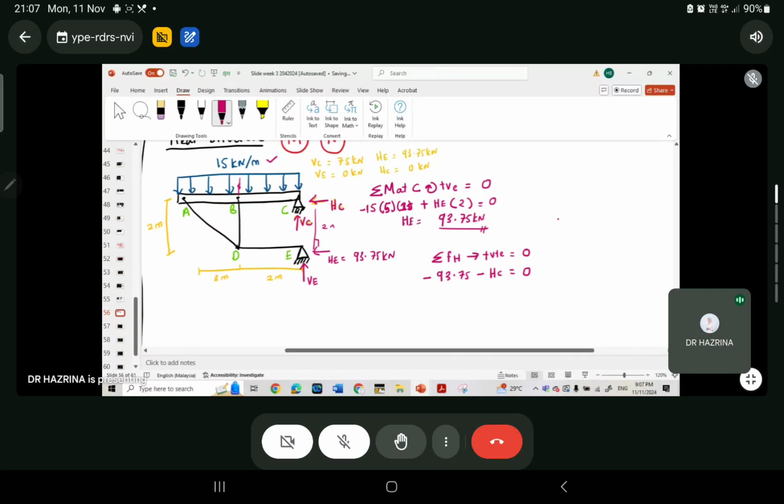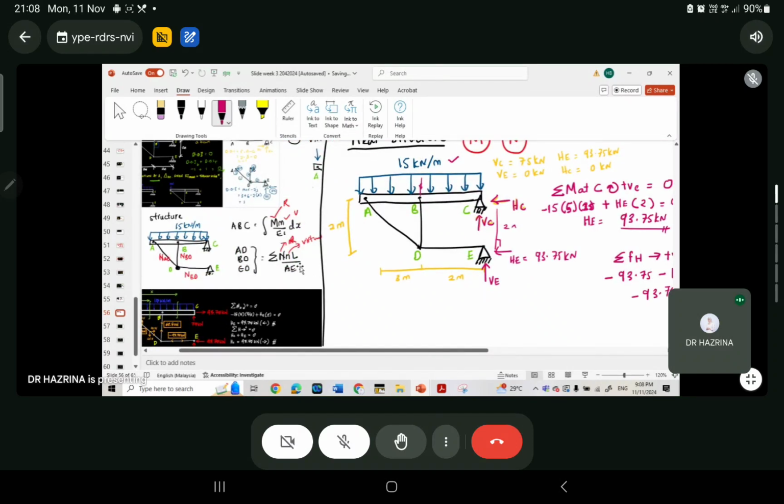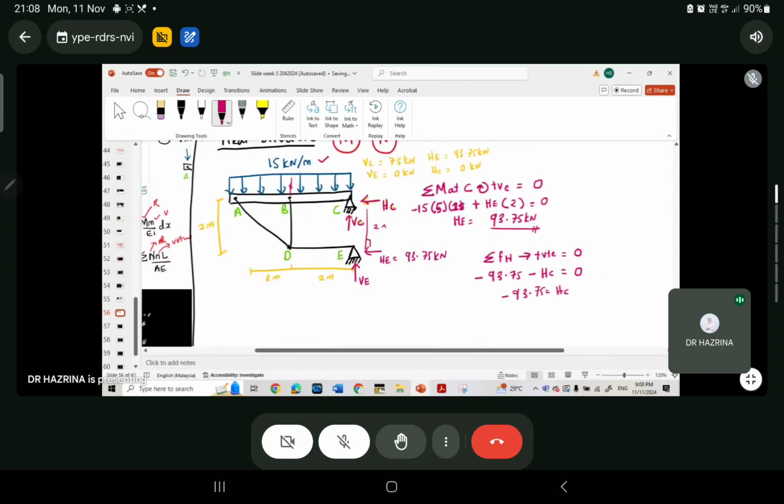So dalam kes ni you akan dapat HC sama dengan negatif 93.75. Betul? Betul. So you get your HC. So am I right? Okay, so your HC you akan dapat negatif 93.75 kilonewton.